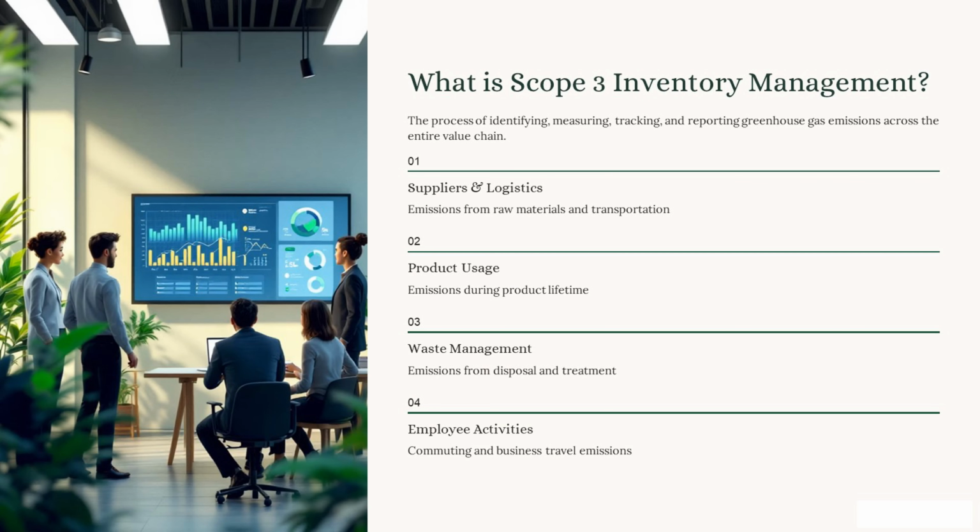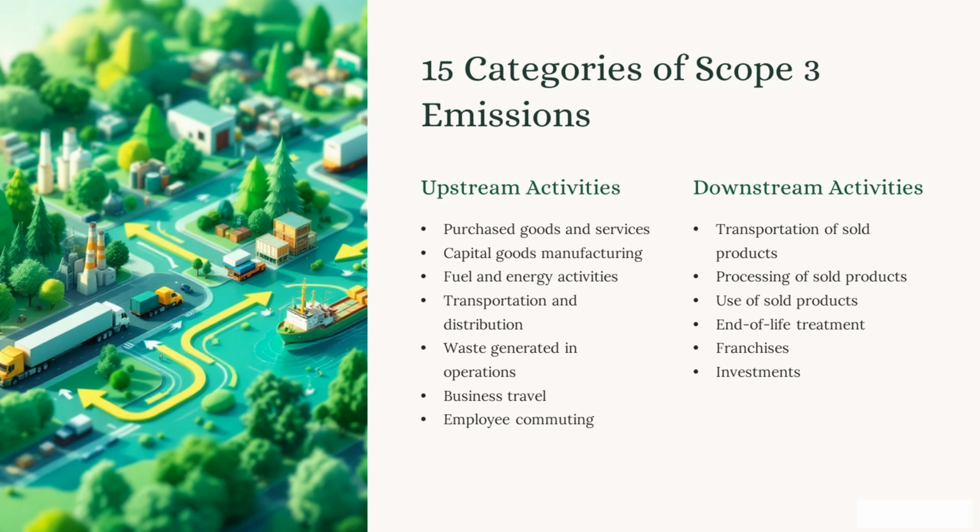According to Greenhouse Gas Protocol, Scope 3 emissions are divided into 15 categories. These are grouped into upstream activities and downstream activities. Upstream Scope 3 emissions occur before the product reaches the company. These are the ingredients or maybe other things required for the process and company. Some important upstream categories include purchased goods and services.